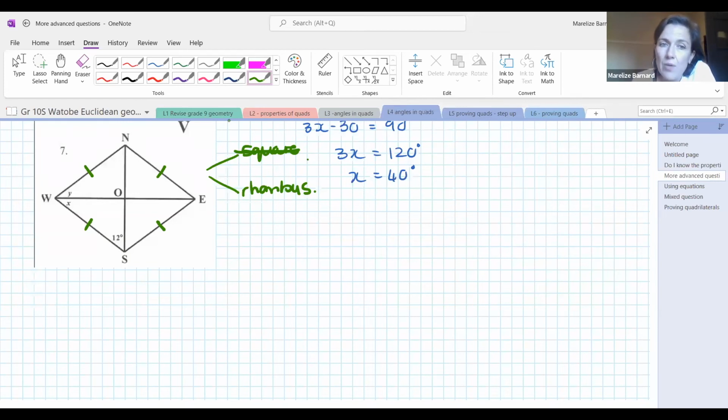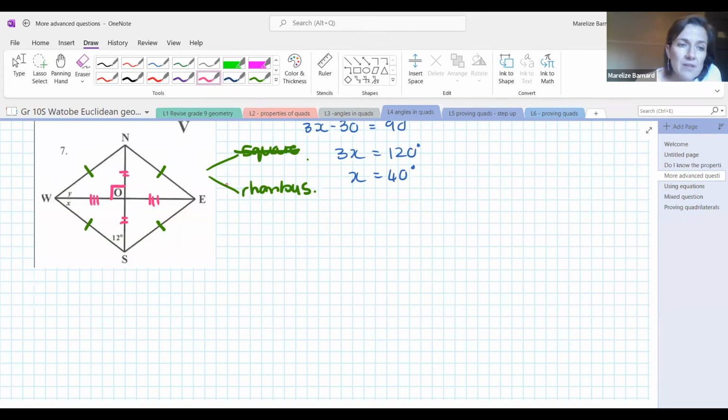Okay, so now we're going to start filling in, in another color, the properties of a rhombus. Now that we've decided it's a rhombus, what do we know? We know that the diagonals bisect at 90 degrees. So this is equal to that, and that's equal to that. If you don't know your properties, you will have a bit of a struggle here.